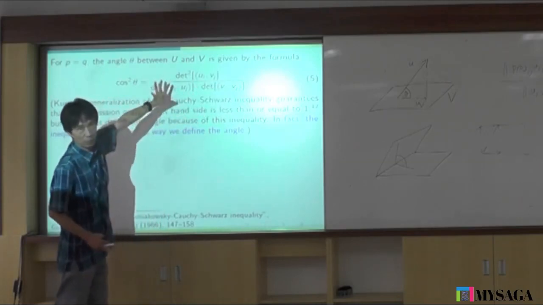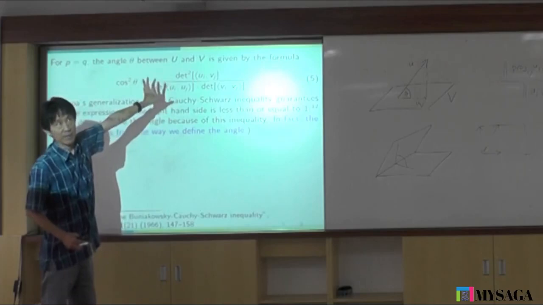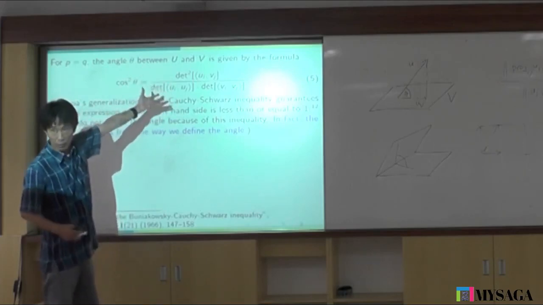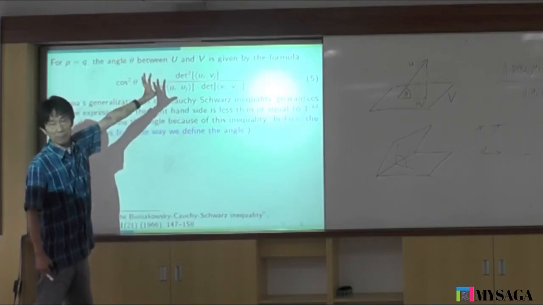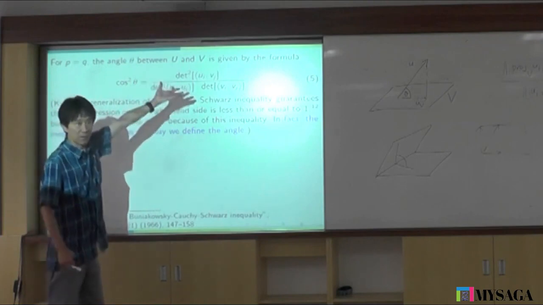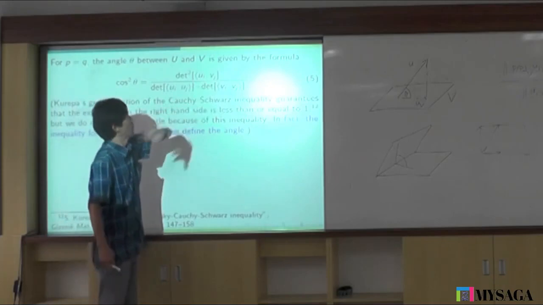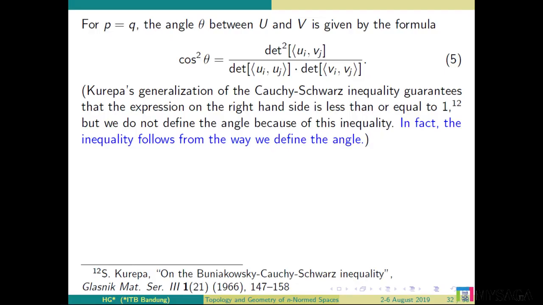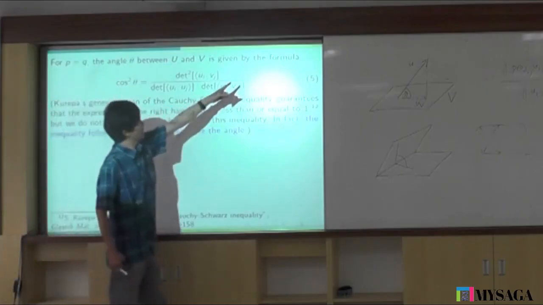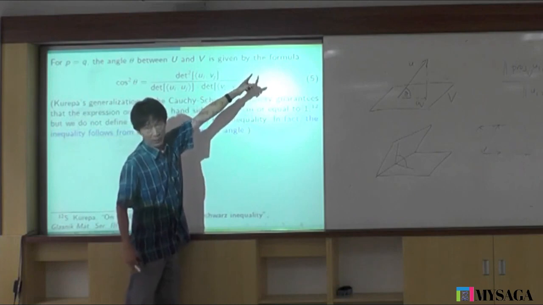Now it is the volume. The determinant of the Gram matrix is the volume of the parallelepiped to the power of 2, or squared. Okay, this is the volume of the parallelepiped spanned by v_i to the power of 2. Now, this is less than or equal to 1.